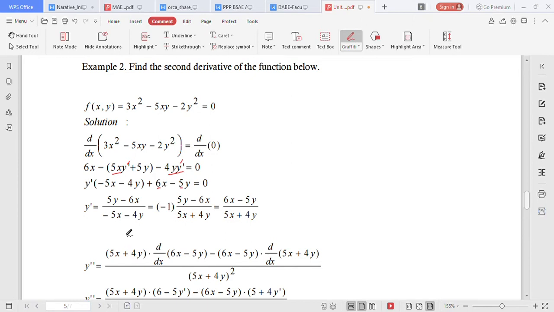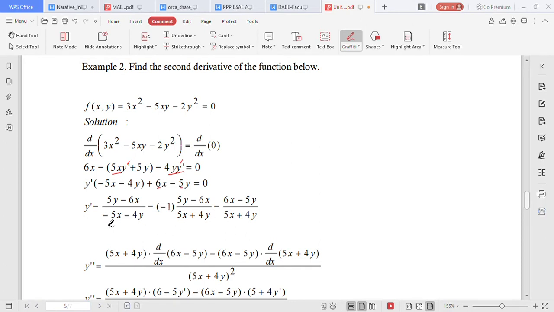We can also write this by getting a negative 1 out. And so we have 6x minus 5y all over 5x plus 4y.